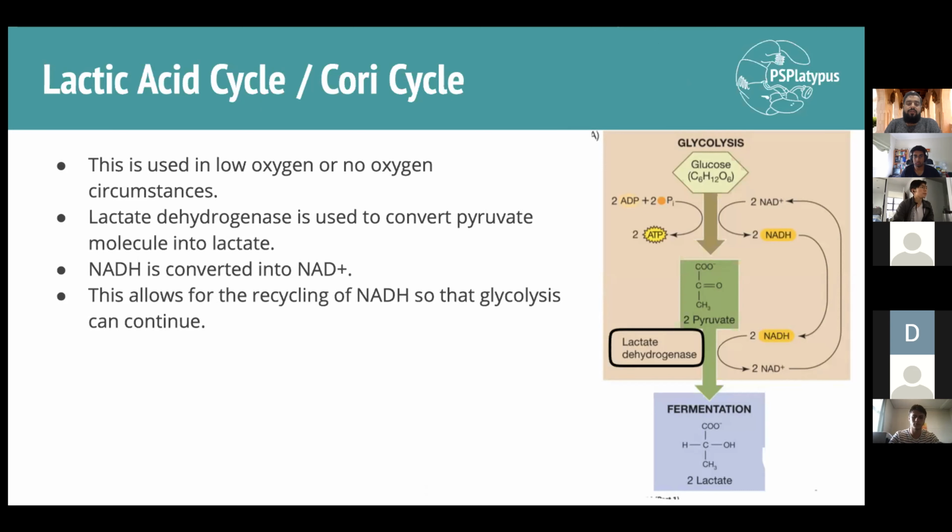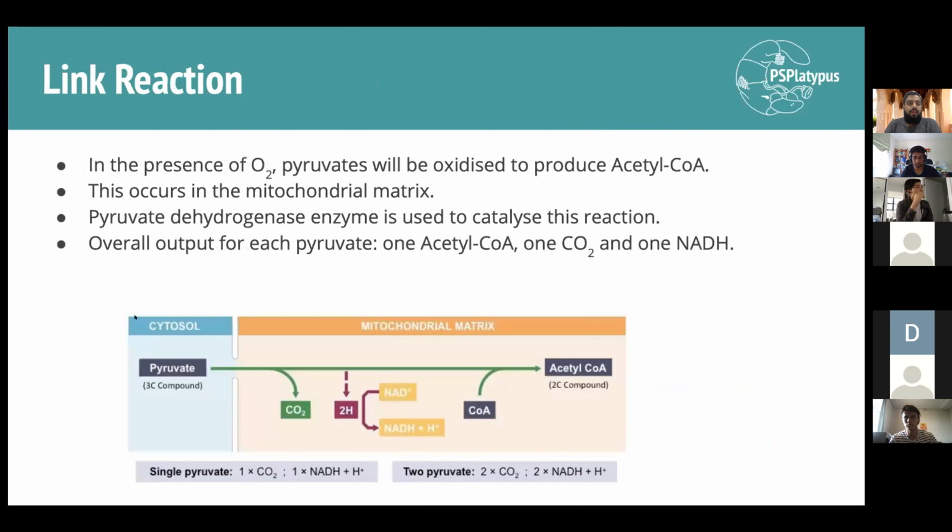And the second reaction is critical for glycolysis to be continued. However, if we have sufficient oxygen, then we will move to the next reaction, the link reaction. Well, basically, we move from the cytosol to the mitochondria.